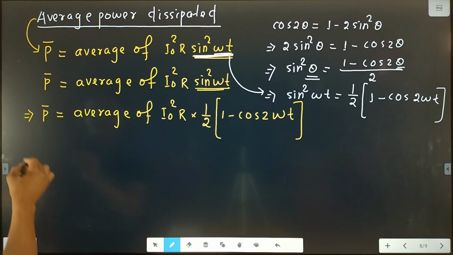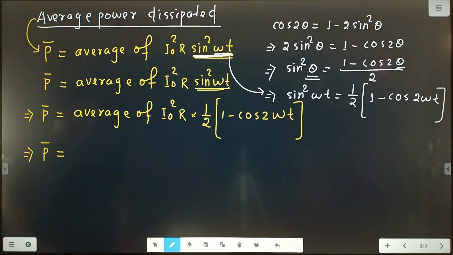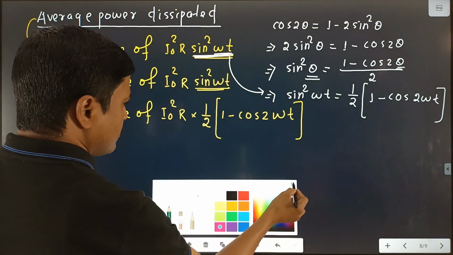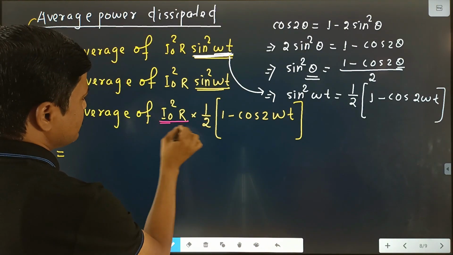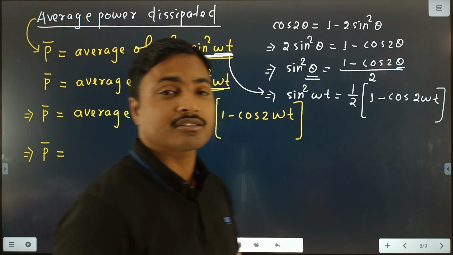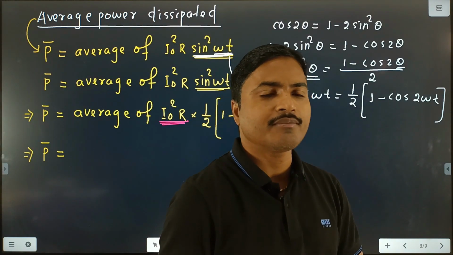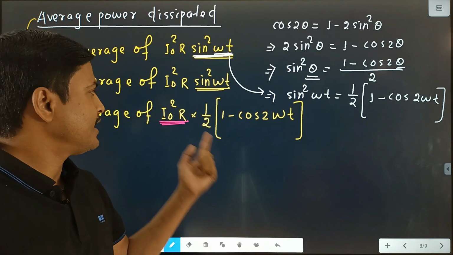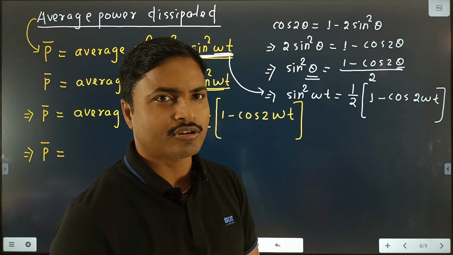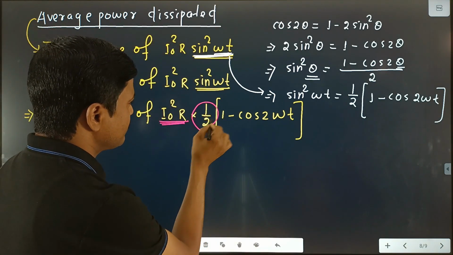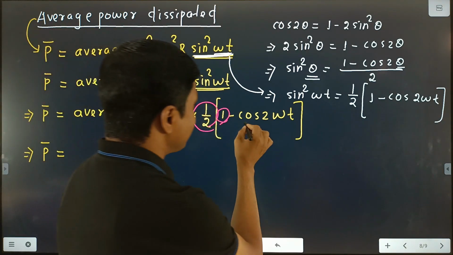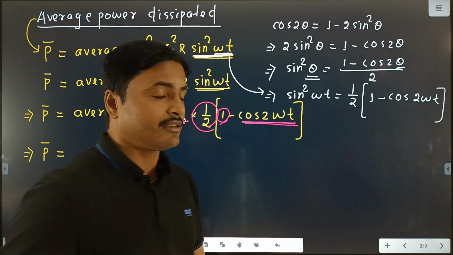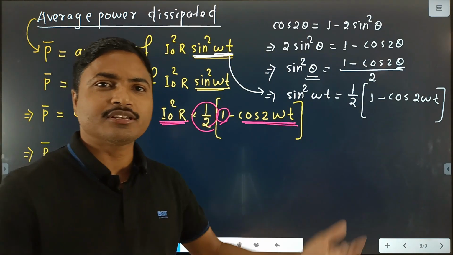Clear? Look at the equation: I0 square r is constant, because I0 is the peak value that always remains constant for a given circuit, and R is the resistance, that is also constant. Half is a constant, 1 is a constant, only variable is cos 2 omega t, because time is not constant.